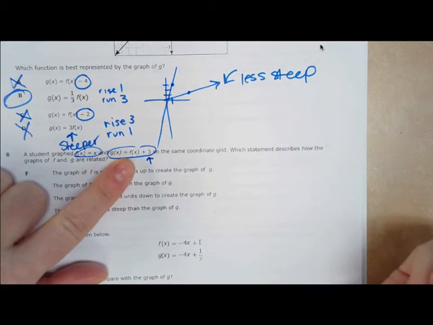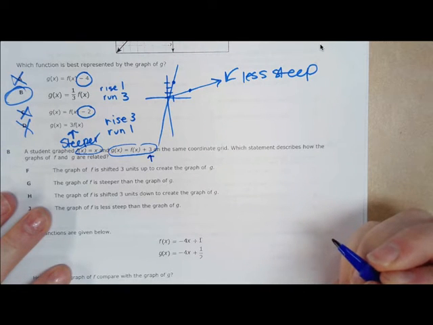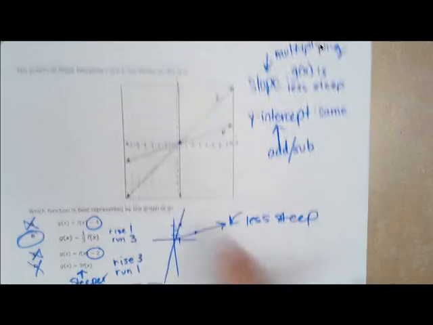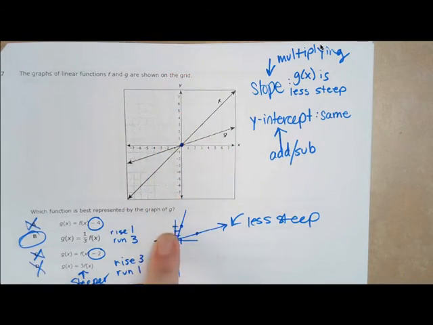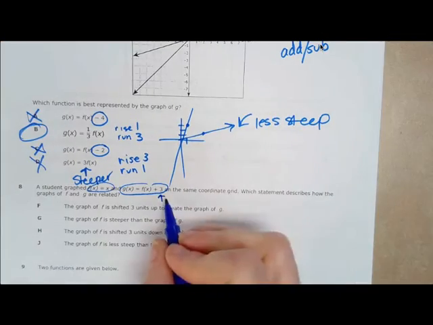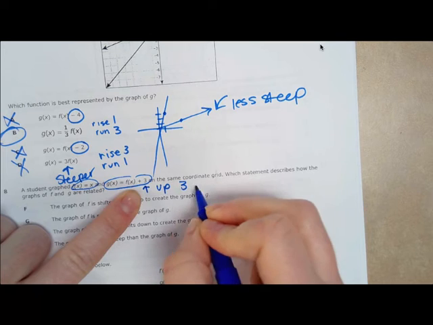So your y-intercept is going to change by moving it. Because if your y-intercept is changed, it's going to move up or down according to how much it was changed. So a plus 3 would mean it's going to go up 3 units.